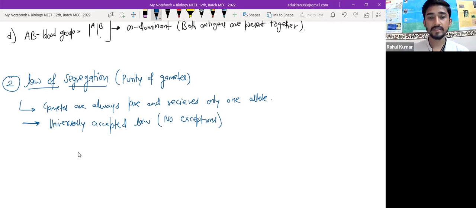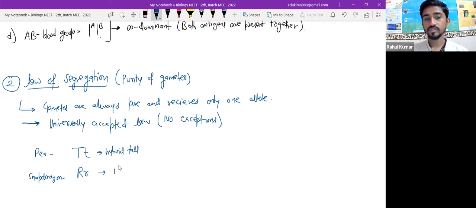And what do we mean by this? All through this time, we have been following law of segregation when we were making gametes, remember? So for example, even if there is a hybrid, a plant which is hybrid tall, so this character is hybrid tall, but it is tall, yes? In case of a pea. In case of a snapdragon, this shows blending.